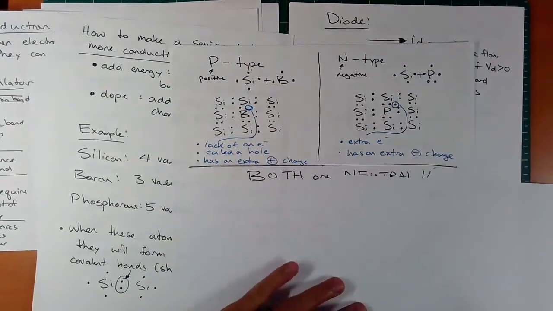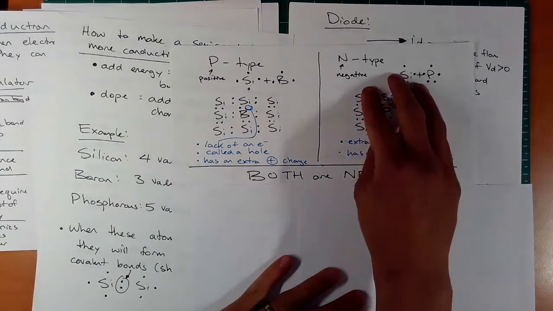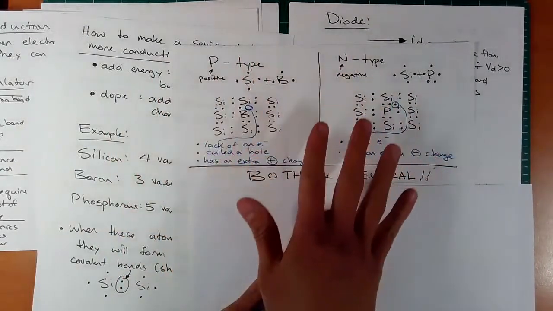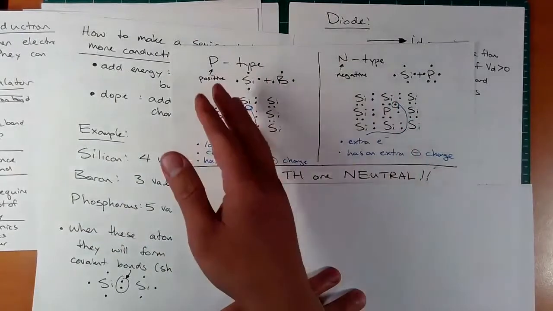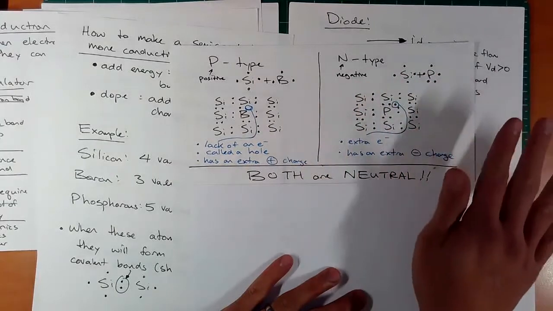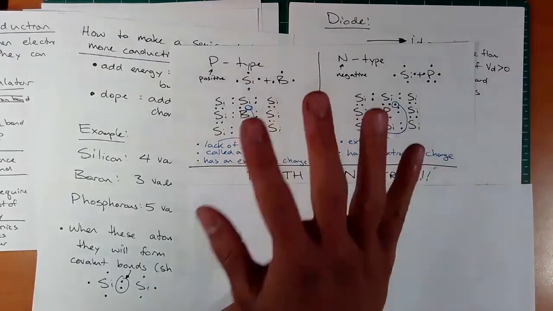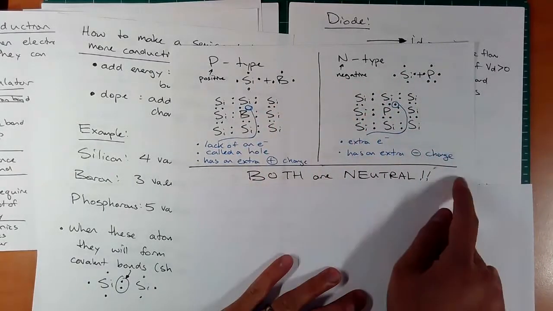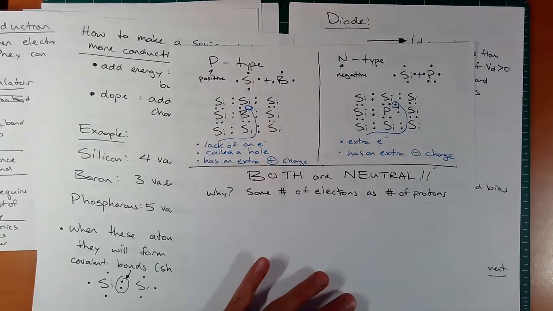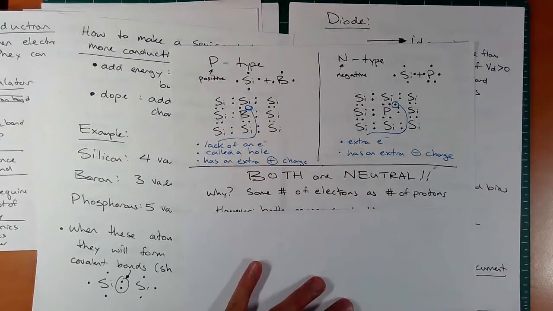Now, note, both are neutrally charged. So there's not an overall excess of electrons relative to their protons, right? They're all balanced in that sense. So they're both neutral. I have this in caps here with the exclamation points. Same number of electrons and protons.